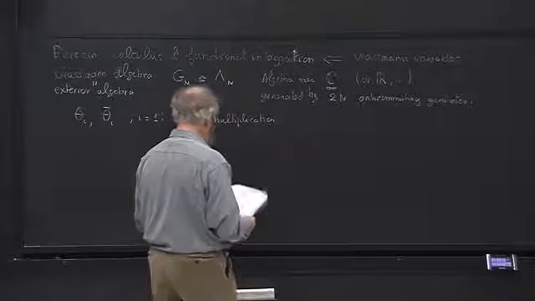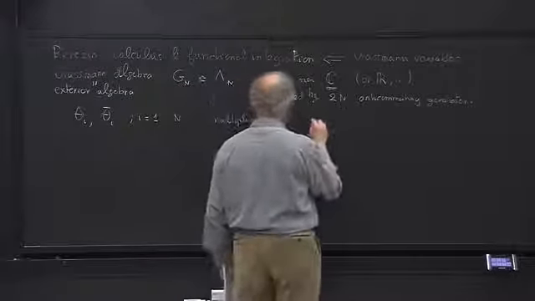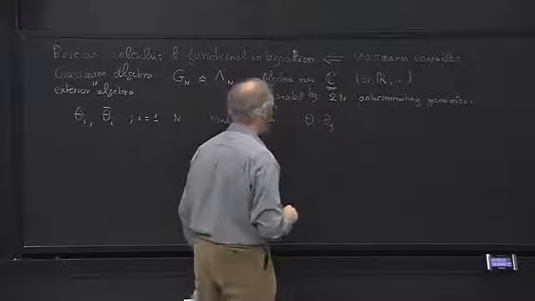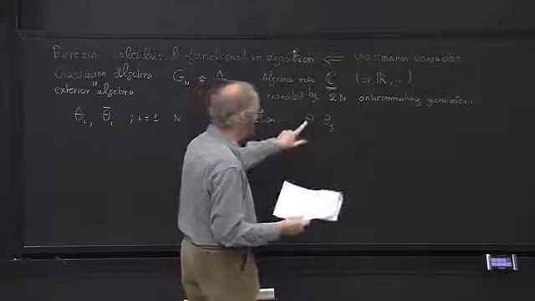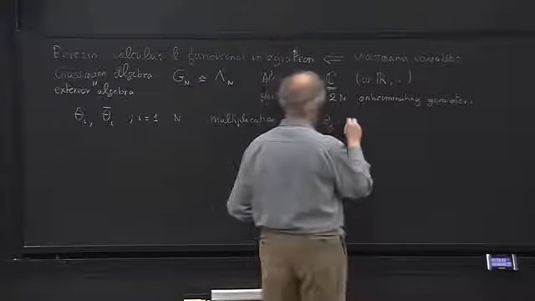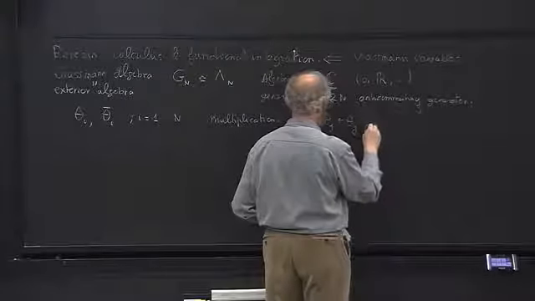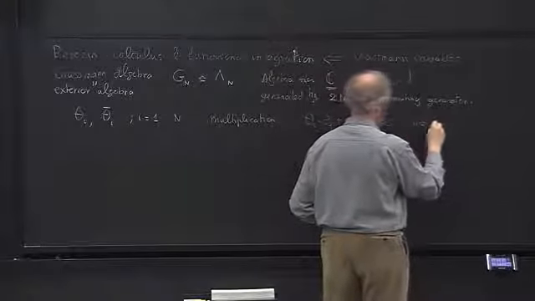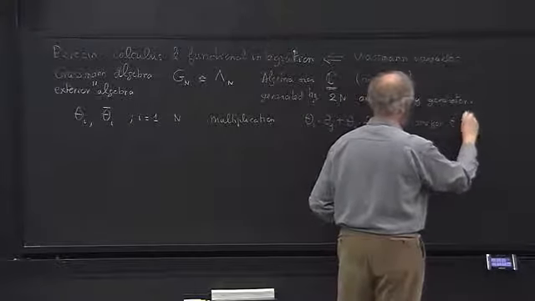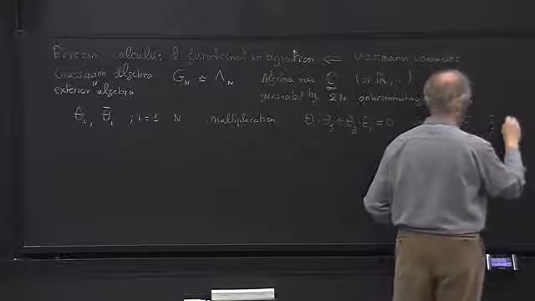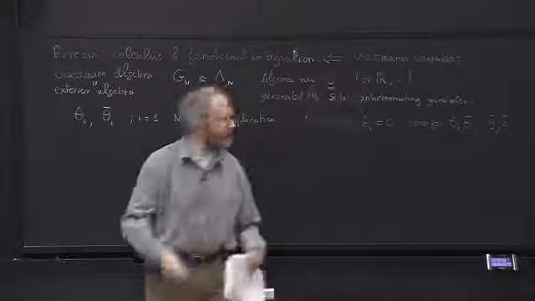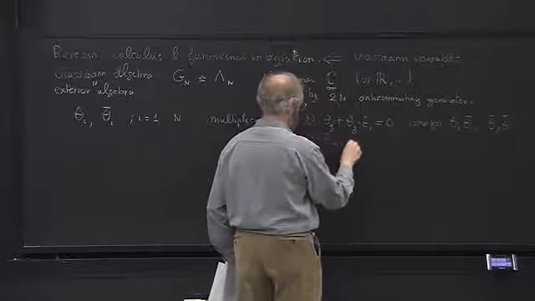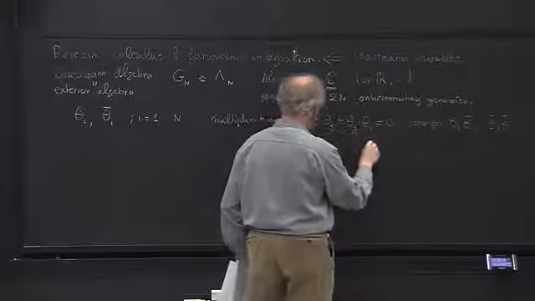And basically, the idea is that if you multiply some theta j by some theta i, they anti-commute. And the same for thetas and theta bars, and theta bars and theta bars. So everything anti-commutes. Theta i theta bar j plus theta bar j theta i equals 0, etc.